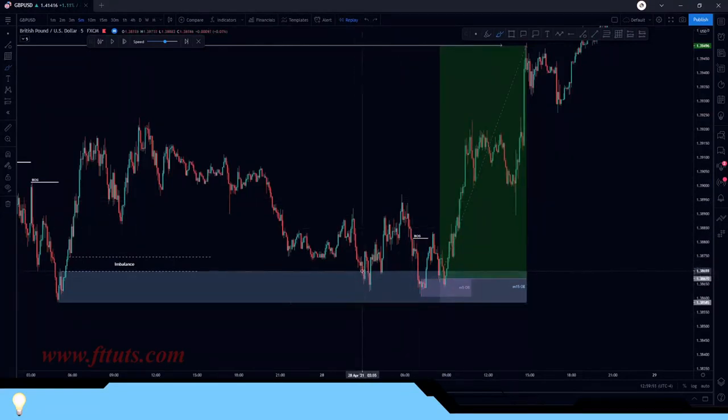However, if we did enter on the risk entry point, as price is moving to the upside and we see these lower time frames being formed, we can then manage our trade, right?